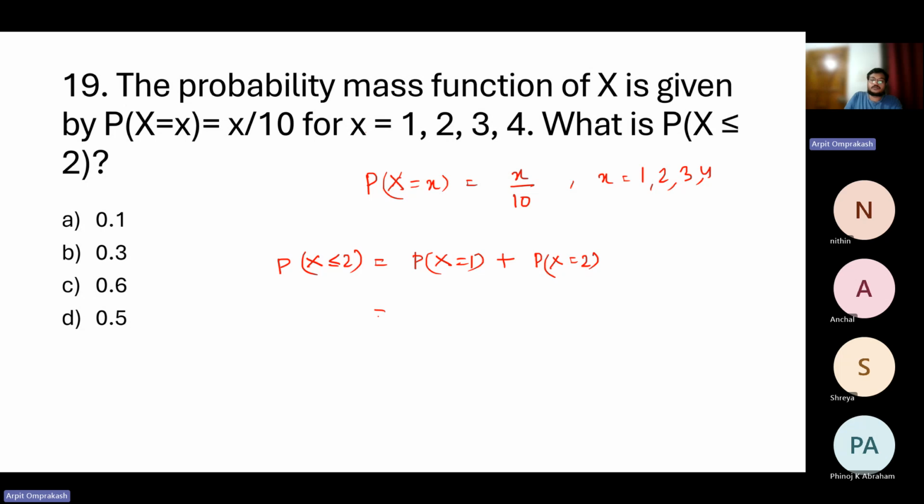When x equal to 1, the probability is 1 by 10; we just substitute the value of x as 1, 2, 3, 4 here. Then the probability of x equal to 2 is 2 by 10. So 2 plus 1, 3 by 10, which is 0.3. Answer here is option B, 0.3.